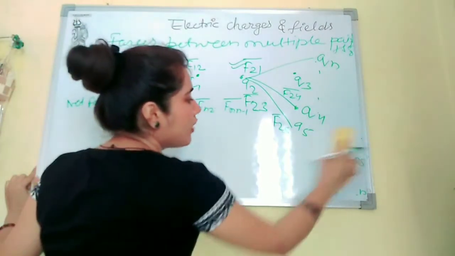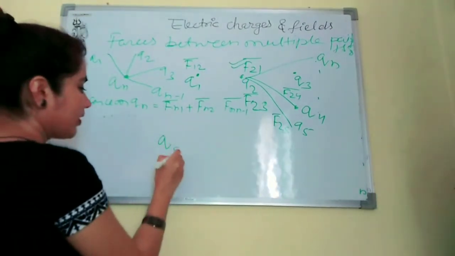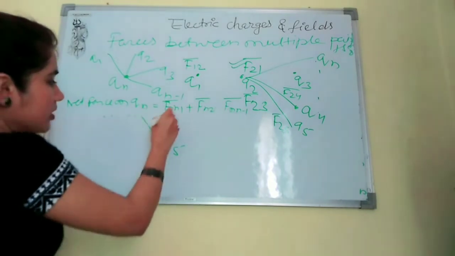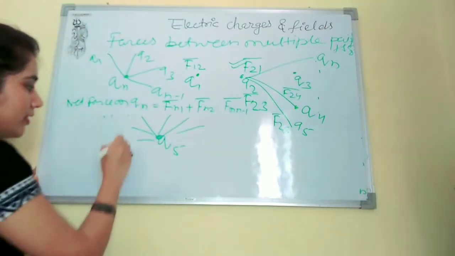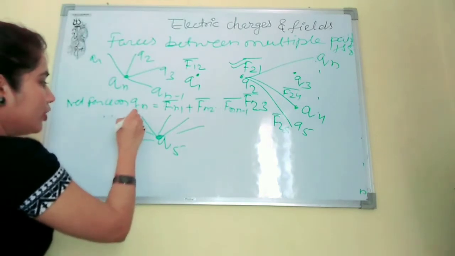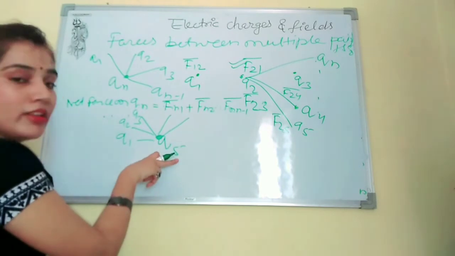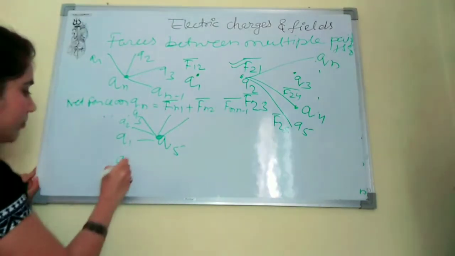Suppose we have 5 charges. If we have some point charge Q5, and some charges are applying force on it, that is Q1, Q2, Q3. So in the place of n we are putting 5. What will be the formula?